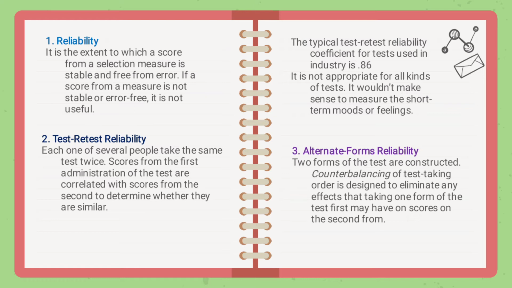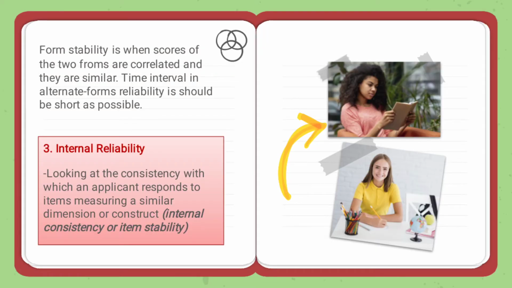But if the test had 100 items, with many more items, one careless mistake or missing one part of the lecture would not severely affect your total score. That is internal reliability.